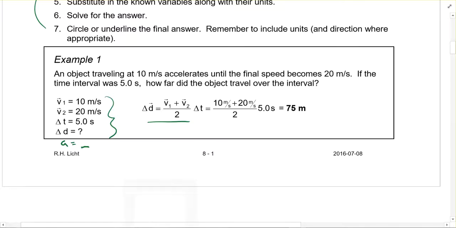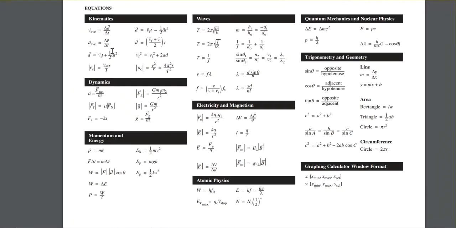So what I would do is go back to your formula sheet and look at these formulas. You can see that one, that one, that one, and that one. Acceleration doesn't come up at all in this question, right? So I look at these formulas and say, okay, which of these formulas doesn't even have A in it? This one has A, that one has an A right there, that one has A. This formula doesn't even have A in it.